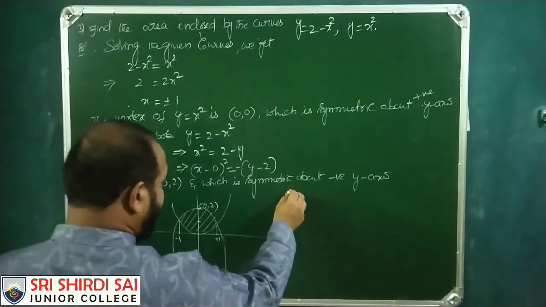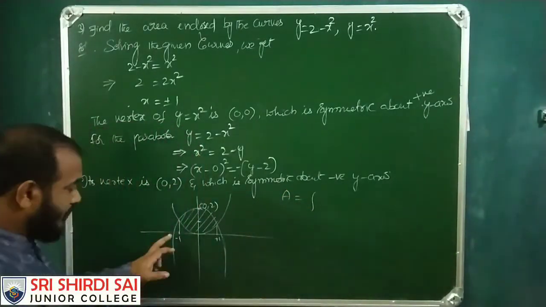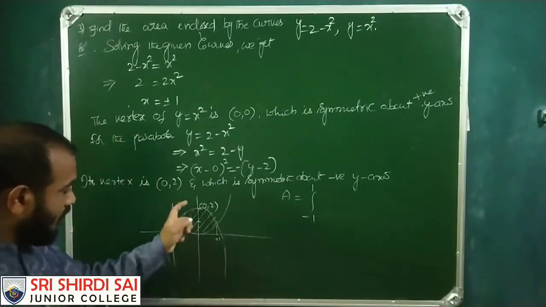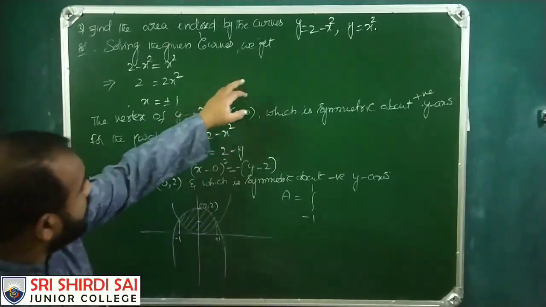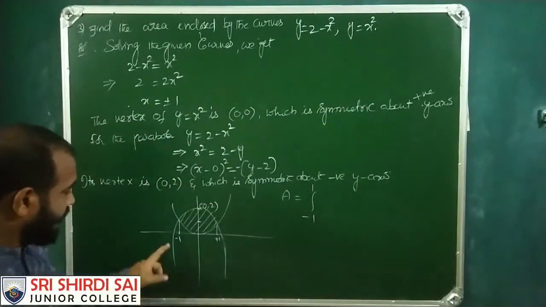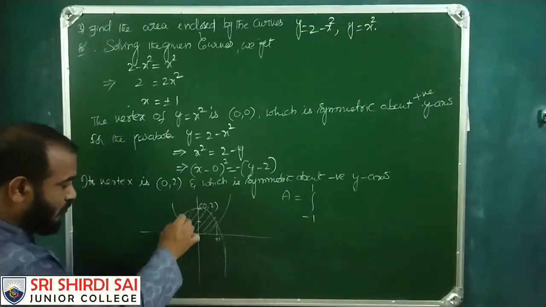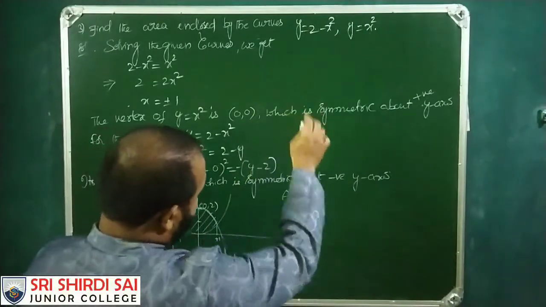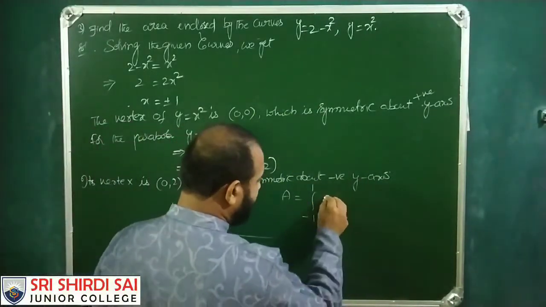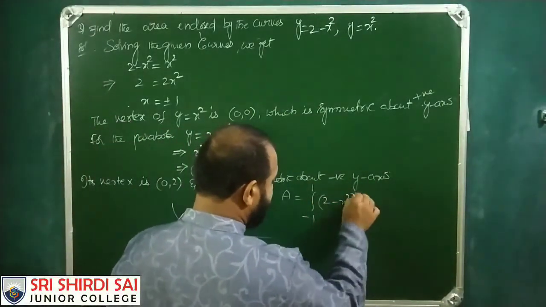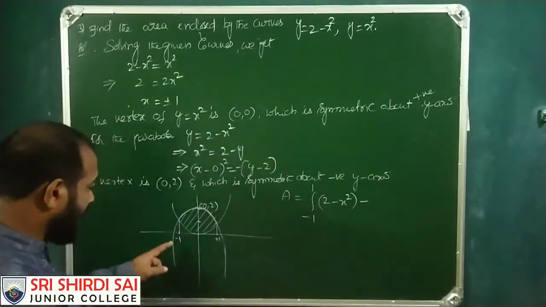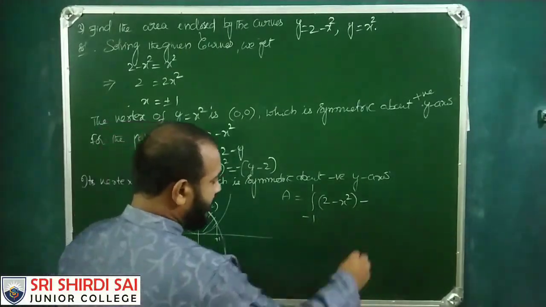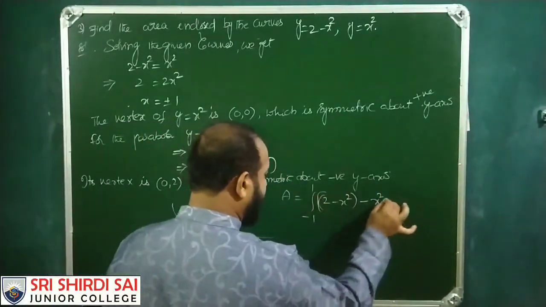So area equals the integral from minus 1 to 1. Which is the upper curve? y equals 2 minus x square. So y dx means 2 minus x square, upper curve minus lower curve, which is y equals x square, dx.